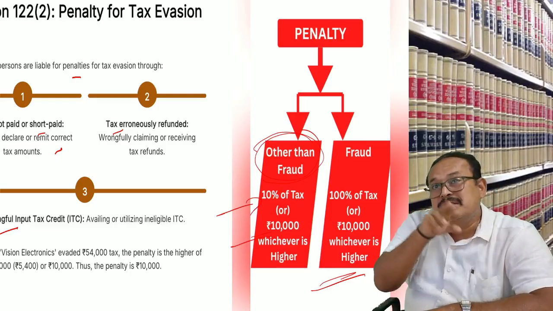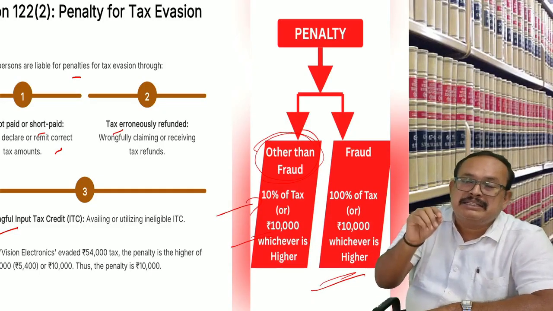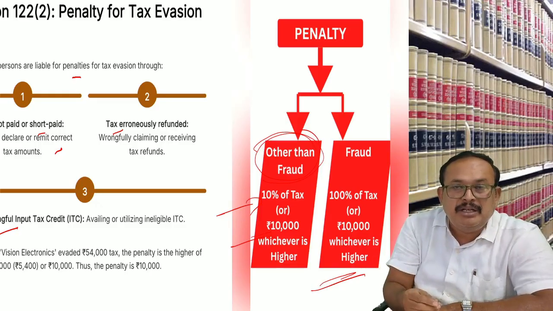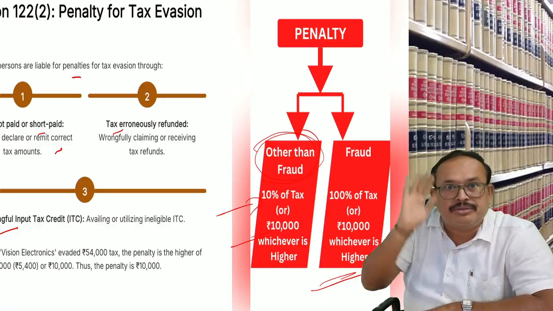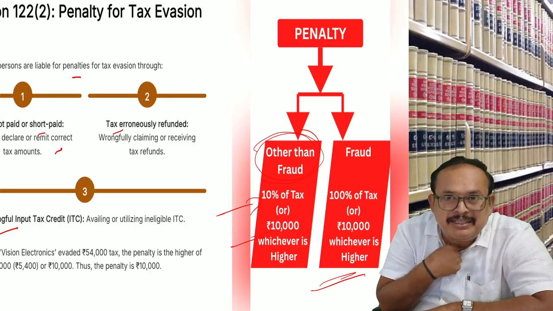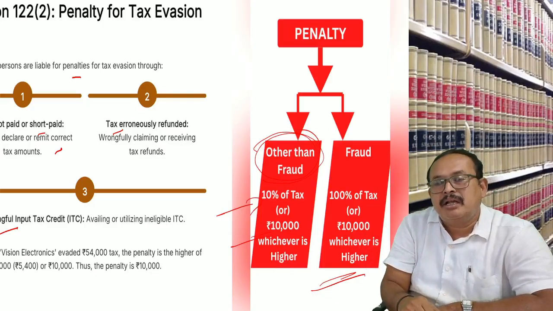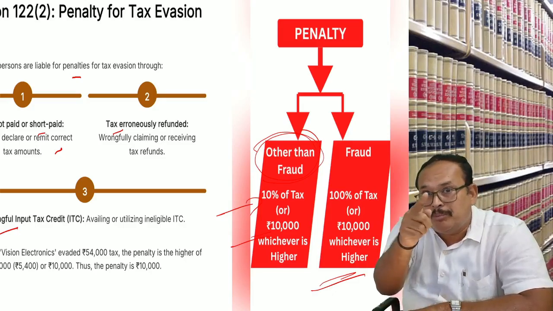Suppose I misappropriate the funds in such a manner that the GSTR-1 return is filed, passing the credit, but the goods are not supplied. Passing the credit, with the intention of not supplying the goods. Then what happens? 122(1) applies.